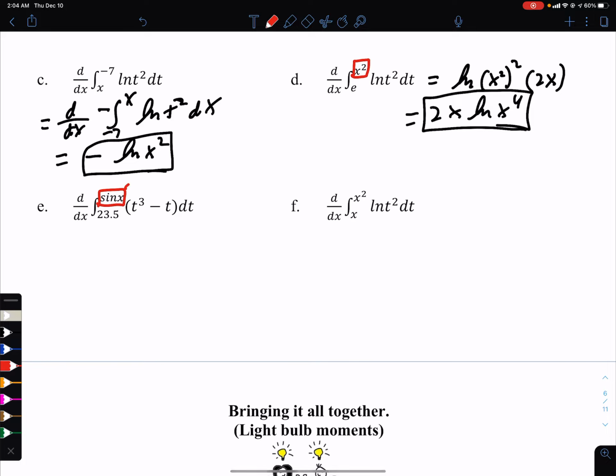So the rule says I plug in box for t. I can do that. So it's going to be sine x cubed minus sine x. But I have to multiply by the derivative of the box. Derivative of sine is cos x. Bam! There is the answer for E.